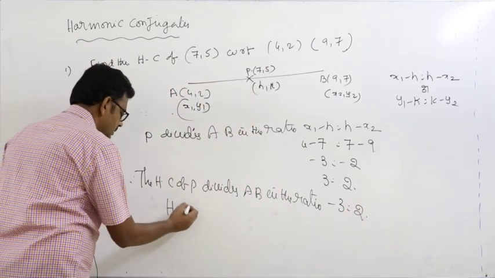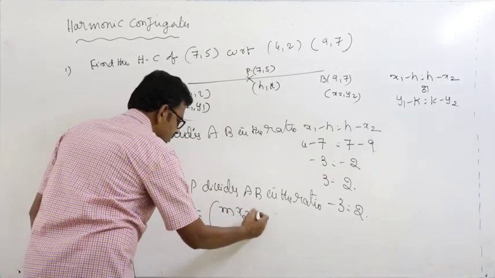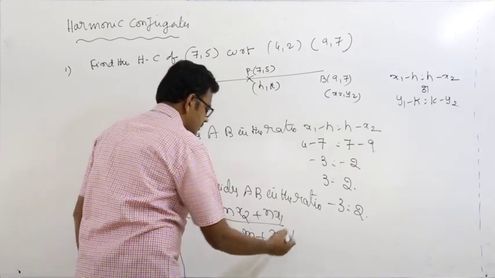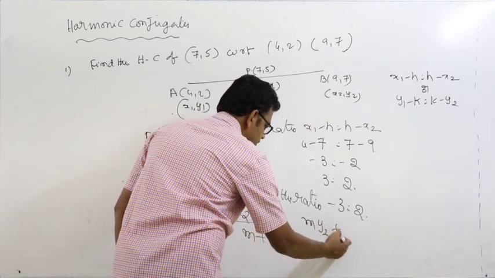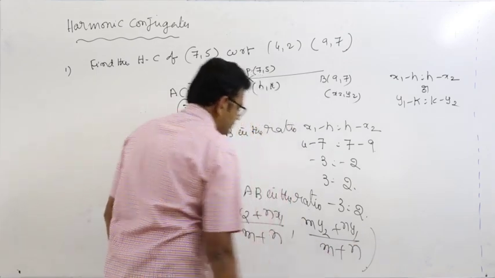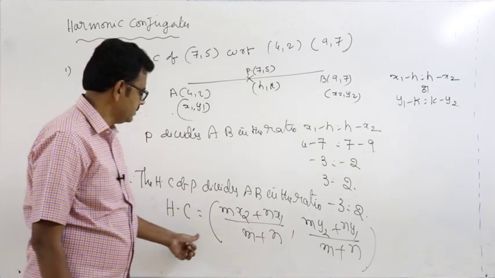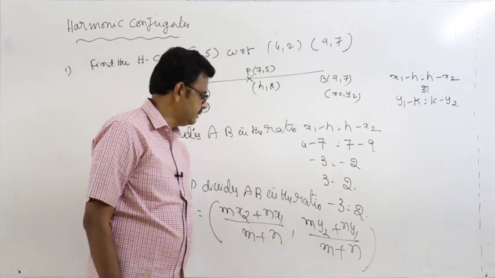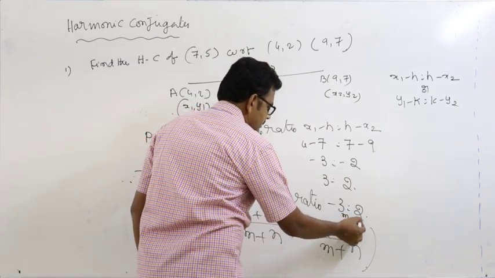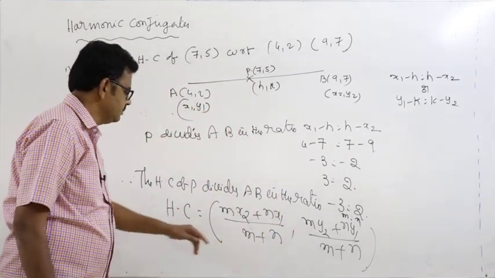Therefore the formula for the harmonic conjugate is (m x2 plus n x1) by (m plus n), comma (m y2 plus n y1) by (m plus n). The harmonic conjugate of P divides AB in the ratio minus m is to n. Now this is m is to n, and here (x1, y1) and (x2, y2). Just write it down.